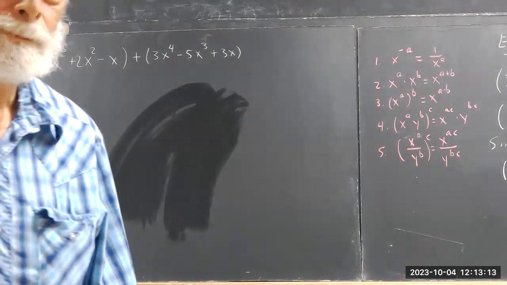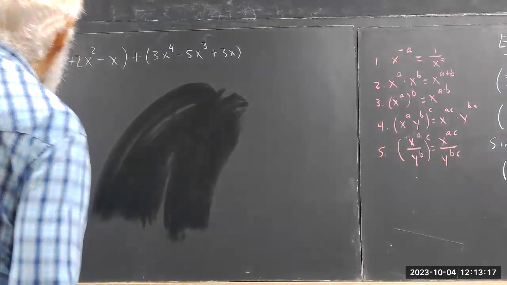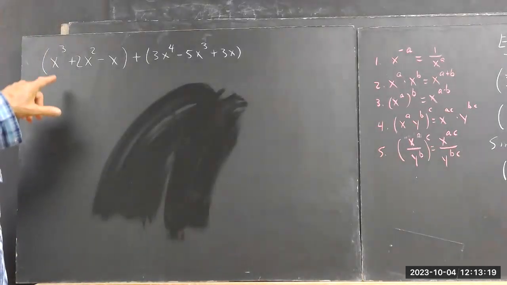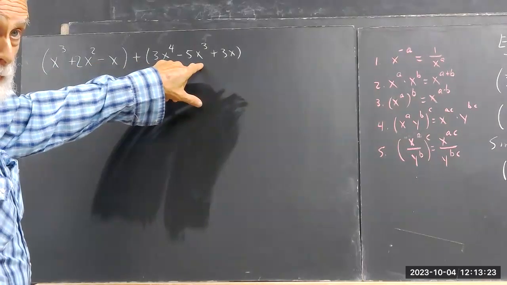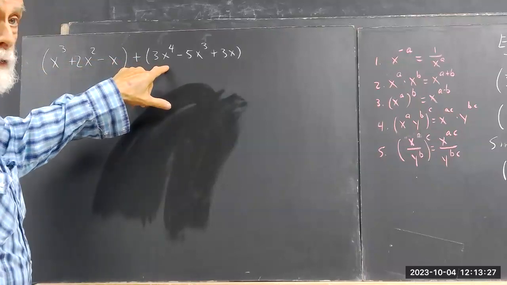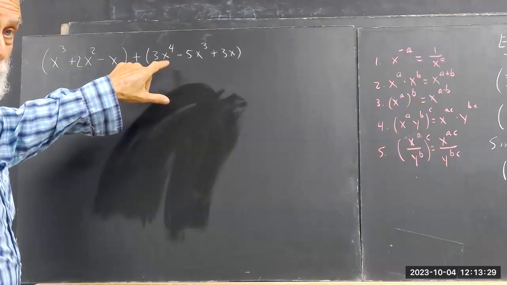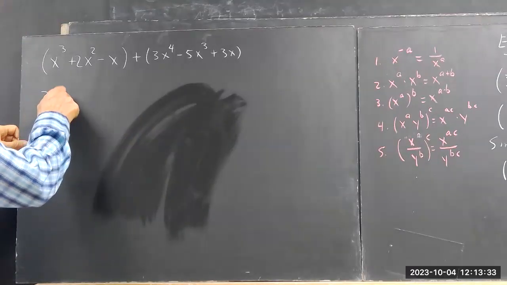Now we should understand that we can only add like terms. So we could add the x cubed to the -5x cubed. Now we don't have anything over here to add to the x to the 4th. So it's going to stay the way it is. So we're going to have 3x to the 4th.